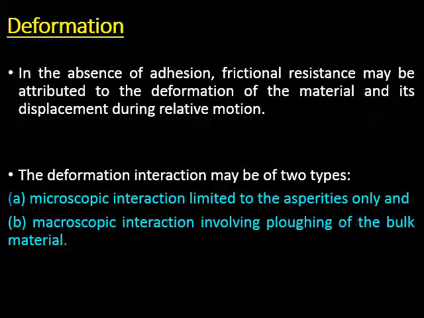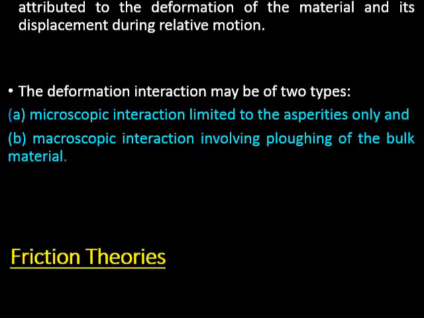So sometimes, because of the interaction between the two surfaces, some of the particles or asperities may get torn and form the wear particles. So the friction coefficient actually varies depending upon the material pairs, and also on the conditions.